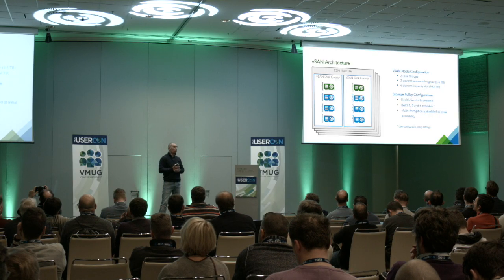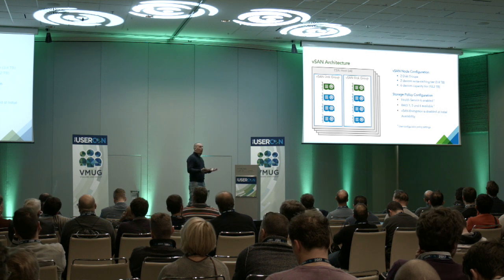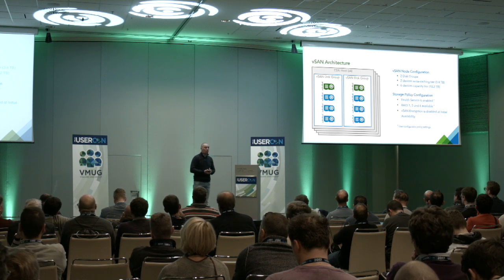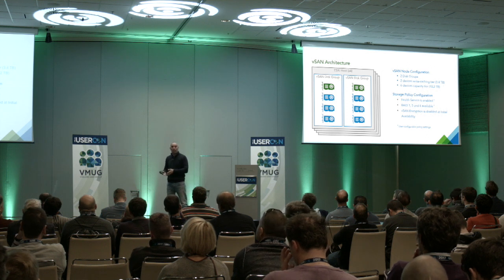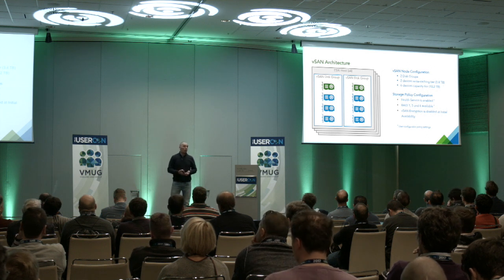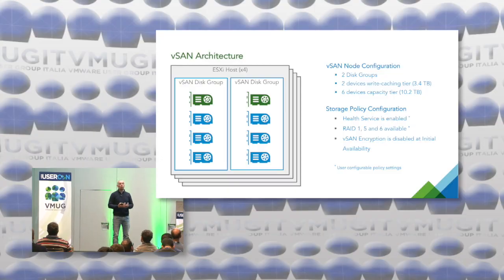Now, it depends on your storage policy how much the VM consumes. By default, in initial availability, that's the service available right now, we're using RAID 1, but you can create a new storage policy that deploys VMs with a RAID 5 storage policy. That means your footprint is reduced tremendously, right?